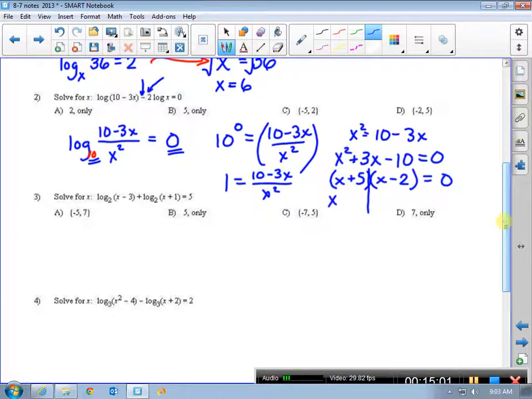Solving it, -5, we better check for our domain. +2. So if we look back at the original, would we be allowed to put in a negative?